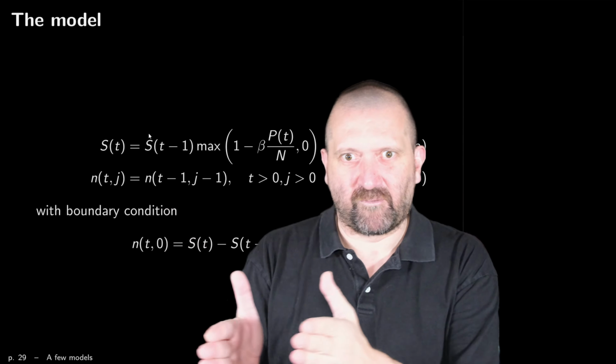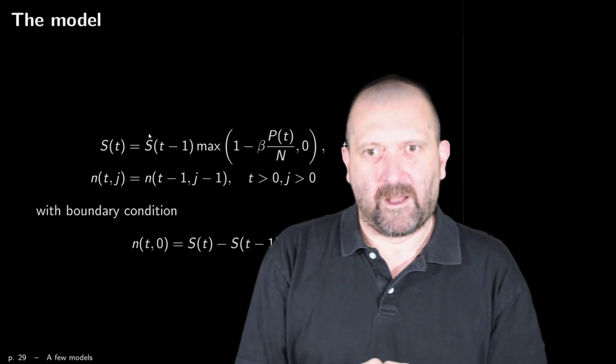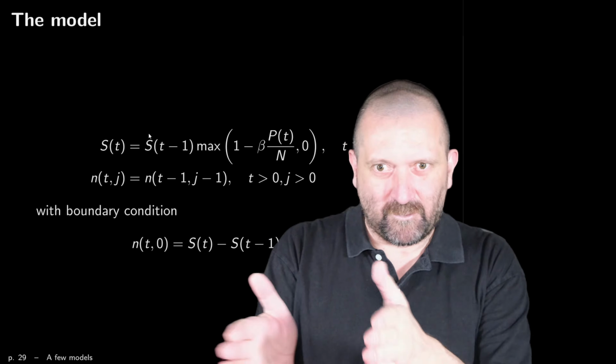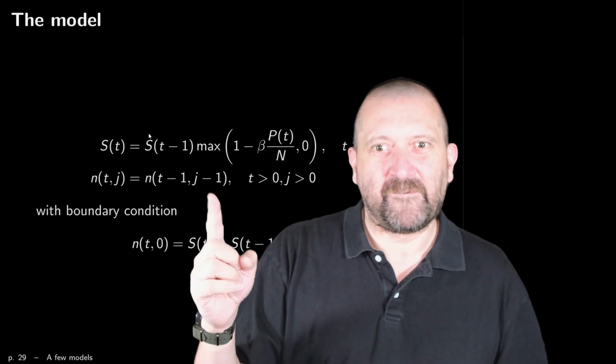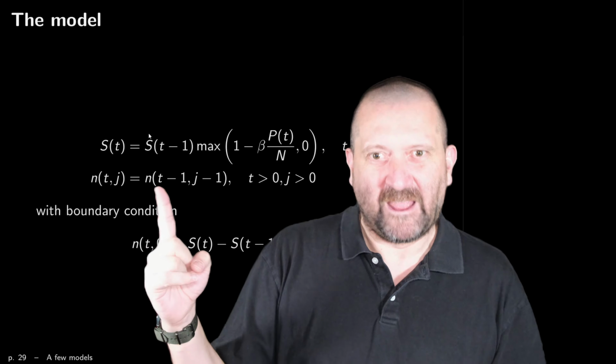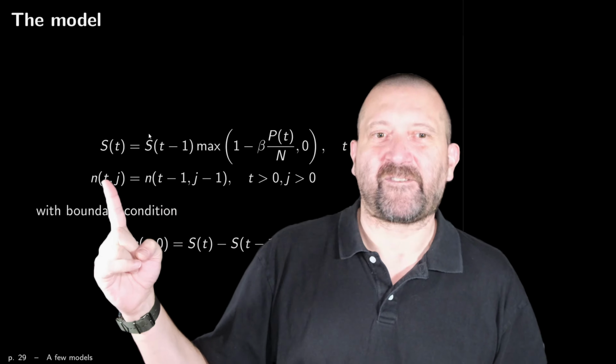So you're progressing these age of infection individuals through time. If you were infected for 2 days yesterday, then you are now infected for 3 days today.